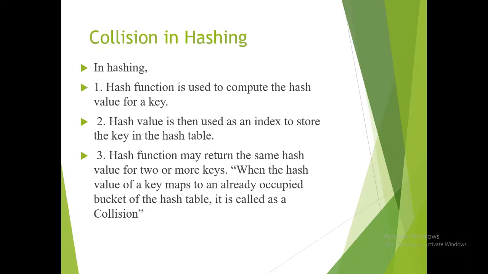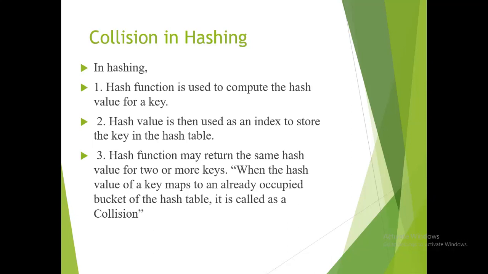Collision in hashing. In hashing, a hash function is used to compute the hash value for a key. Second, the hash value is then used as an index to store the key in the hash table.